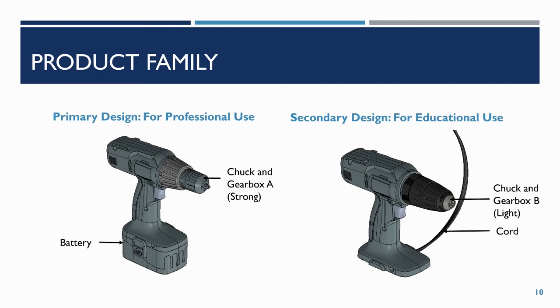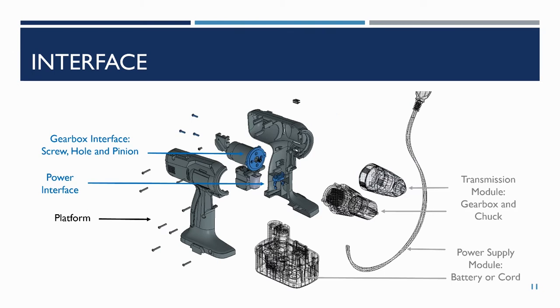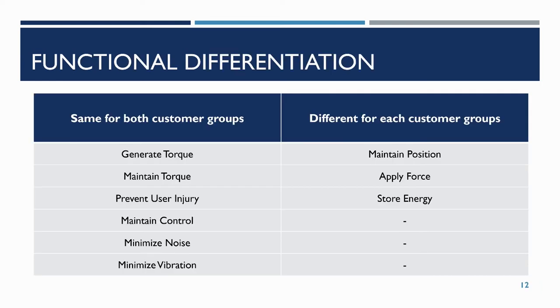The low cutting force and easy access to electricity make a lightweight transmission and power supply possible. Within the product family, the housing, motor, trigger, and sensor are the shared platform, shown as the solid part here. Different products only differ in the transmission and power supply modules, and the interface involves screw, pinion, and adapter.